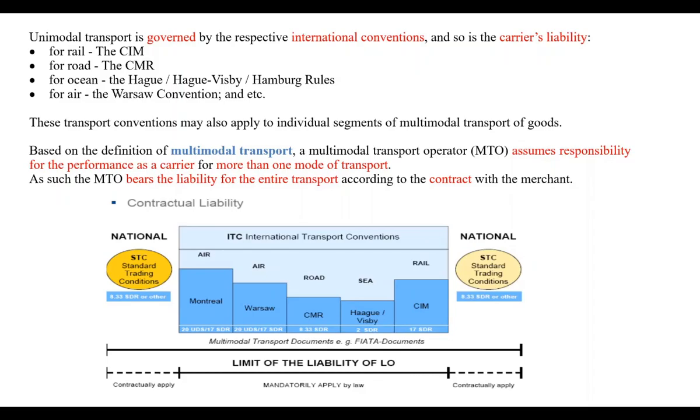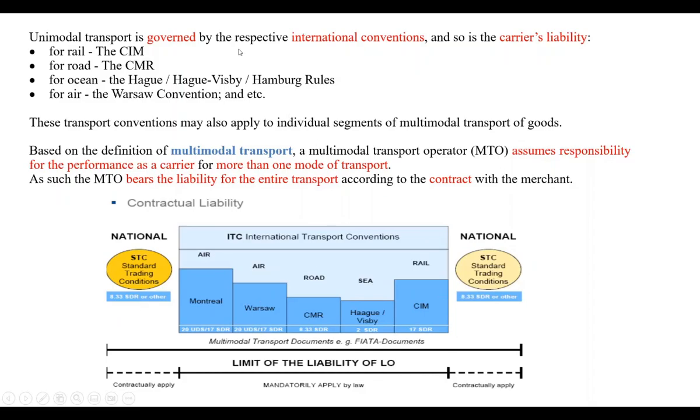So contractually, every country has their national standard trading conditions that they use. So that one also is applicable for what? Contractual liability. And the standard trading condition has a limit of 8.33 special drawing rights or other.